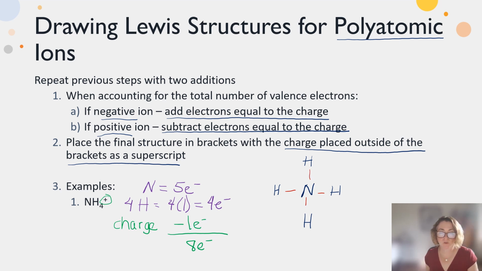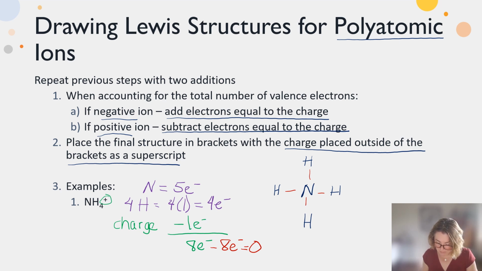Now I have used 4 bonds. Remember, each bond is 2 electrons, so 4 times 2 is 8. So I have used 8 electrons. So I have 0 electrons left to put into the structure, and this happens sometimes.